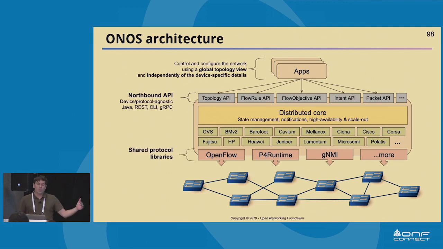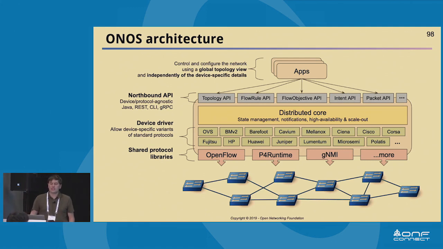At the very bottom, we have what we call shared protocol libraries. This is what we use at the southbound to talk with network devices. ONOS supports different protocols. It was initially designed to work with OpenFlow, so clearly there is support for OpenFlow. But today we also have support for P4Runtime, gNMI, and other protocols such as NETCONF, for example. In the middle, we have device drivers that allow for device-specific variation of standard protocols.